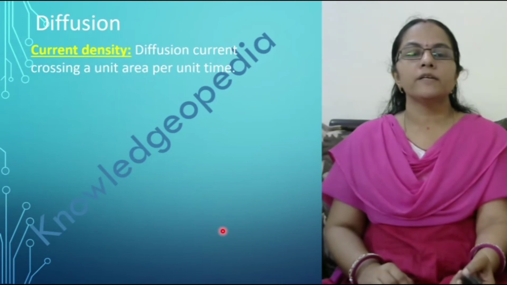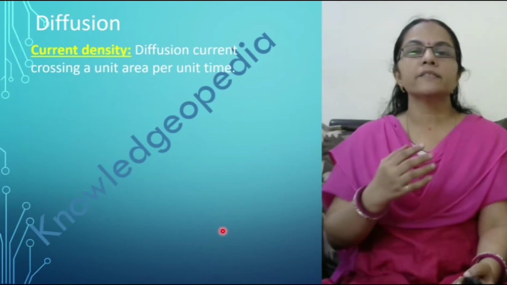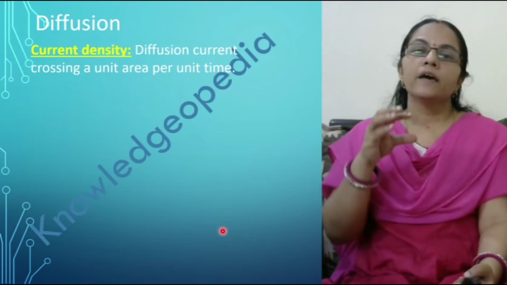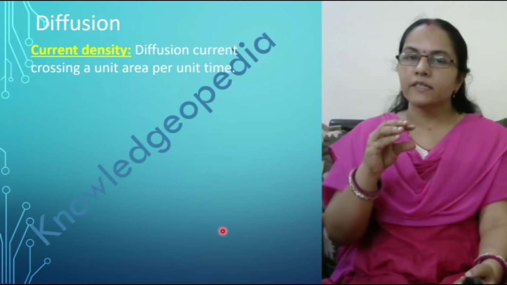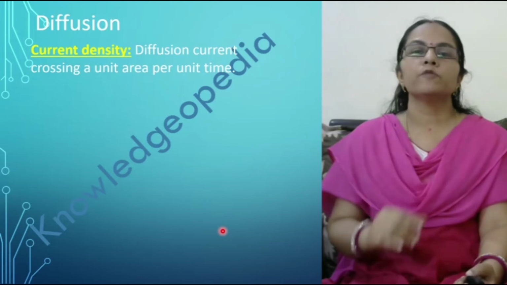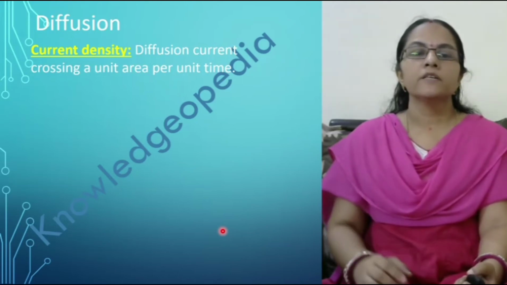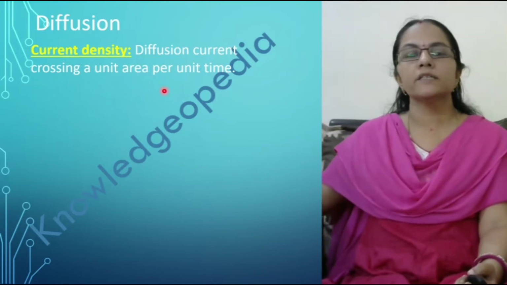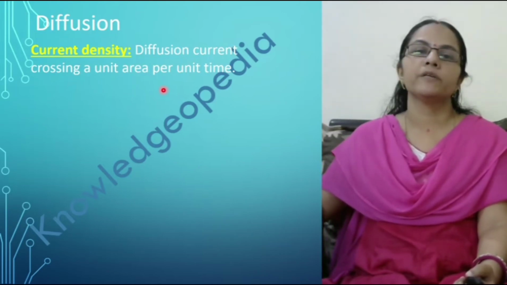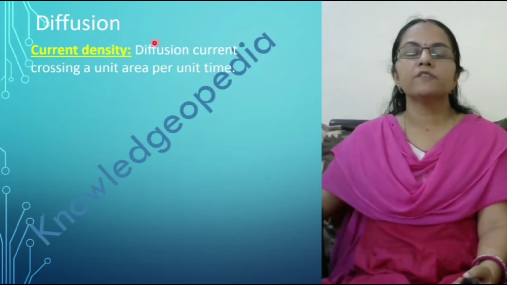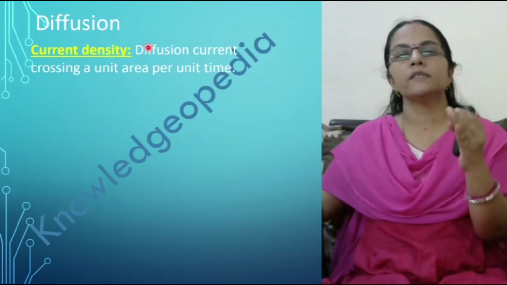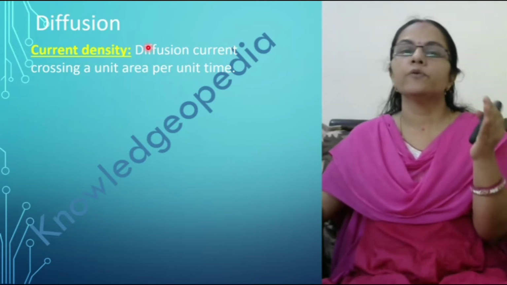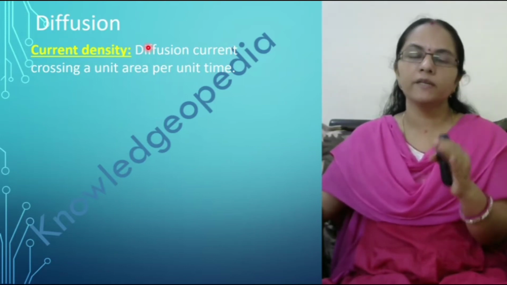Now let us calculate the current density. What is current density? We have seen the carrier flux density, and current always flows in a circuit due to the movement of carriers. So current density is the diffusion current crossing a unit area per unit time. Here I have taken diffusion current because we are considering only the diffusion process now, but at the end of the day we will be considering both diffusion and drift.